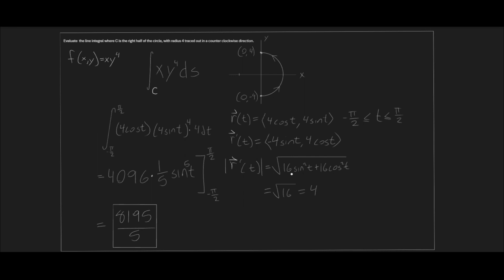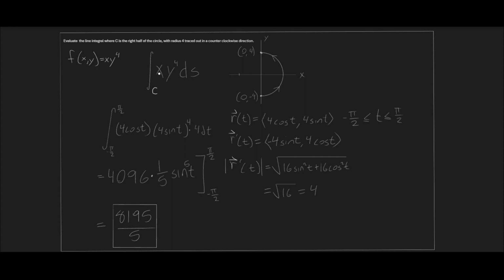So we get the square root of 16 sine squared of t plus 16 cosine squared of t. And using trigonometric identities, we can combine the sine and cosine to make 1. And we find that the magnitude of r prime is 4.